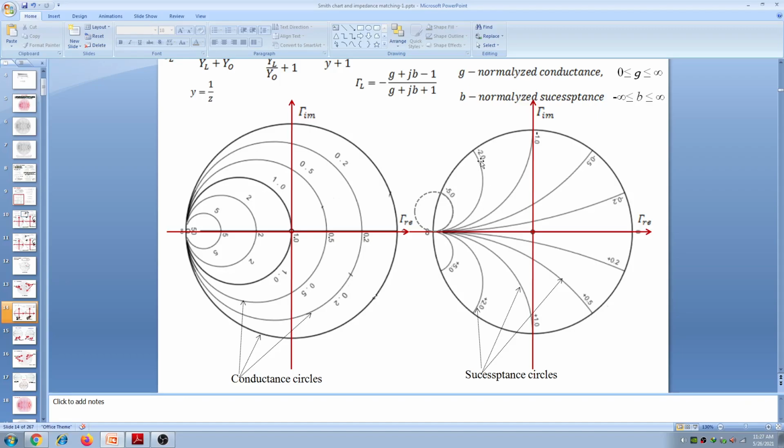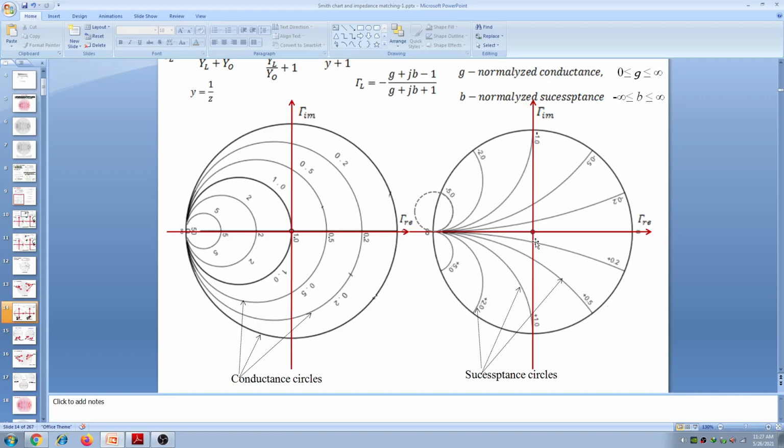Susceptance circle values above are negative here. Don't confuse them with the reactance circles. What is the susceptance value of this circle? Minus 1. This is minus 0.5, minus 0.2. And B equal to 0 coincides with this horizontal line.